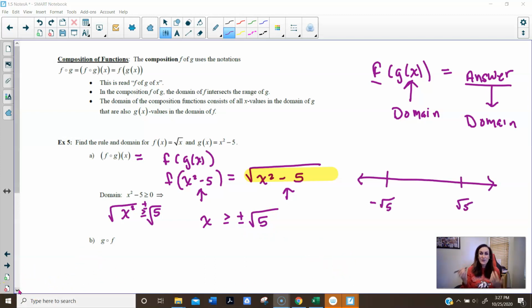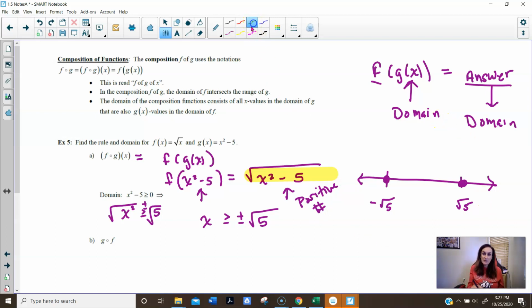So the square root of 5 is what gives me a 0 underneath that square root symbol. And 0 is okay because we're not on the bottom of a fraction, but I can only have under here positive numbers. If I have negative numbers, it's undefined. So here's my number line.